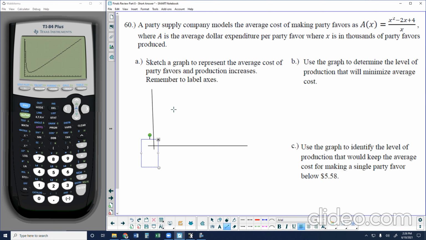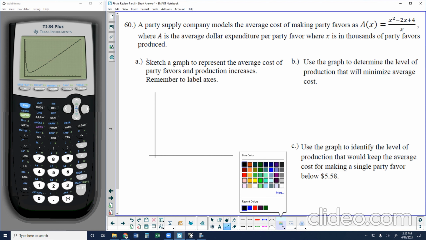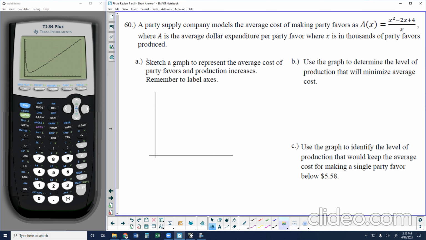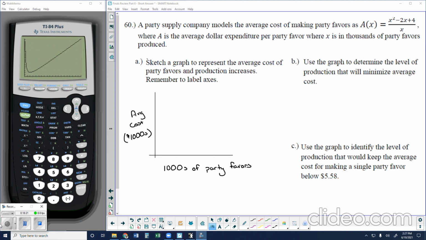So I'm going to go ahead and sketch this. This is in quadrant 1. So I'm going to place down some axes, and I'm going to label these axes. The x-axis is thousands of party favors, and the y-axis here is in thousands of dollars.